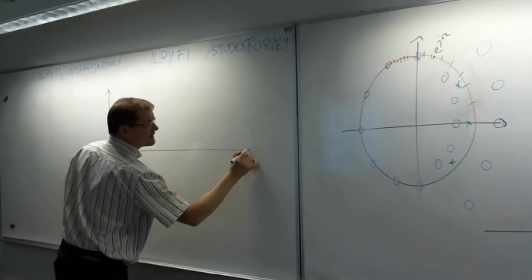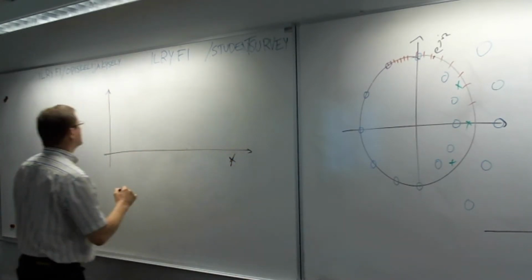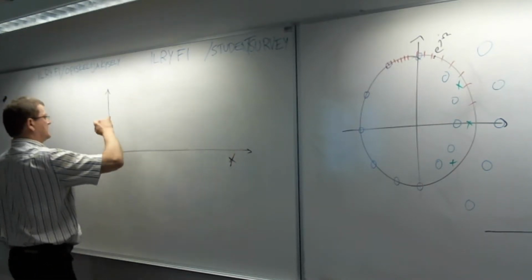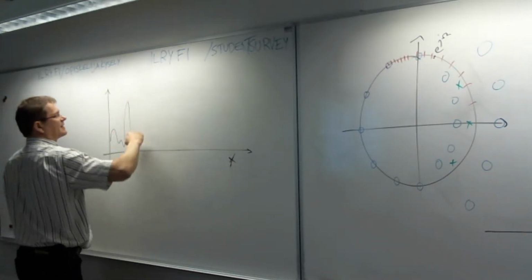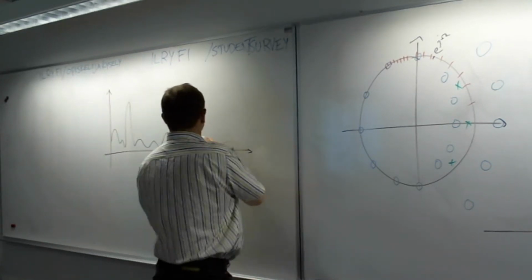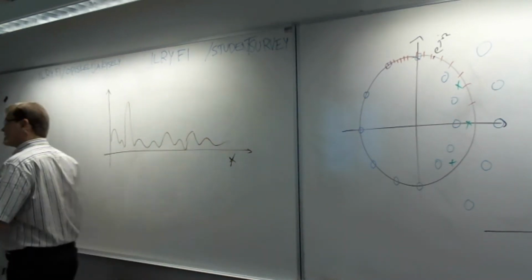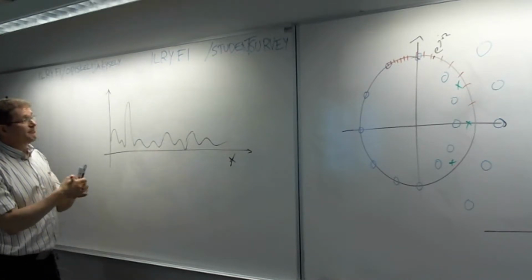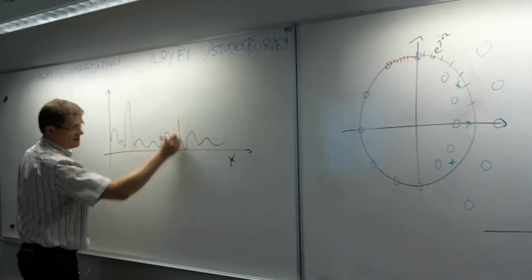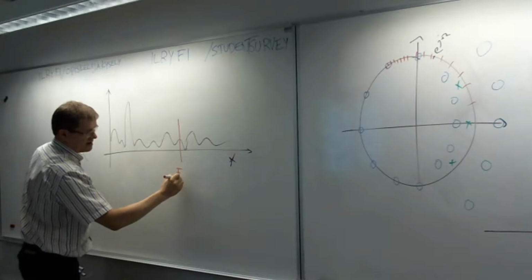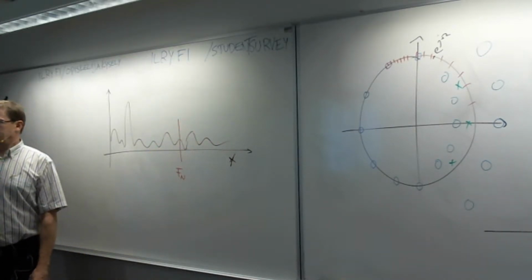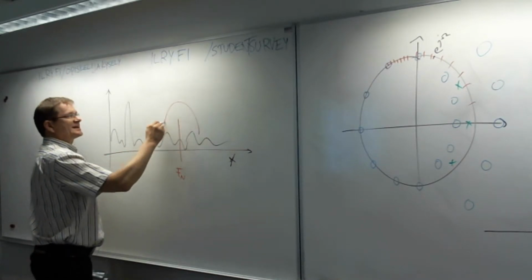Think of the frequency space. In continuous time, this system's frequency response is something like that. It continues from minus infinity to infinity. But when we sample the system, what happens to that part of the spectrum? It aliases.